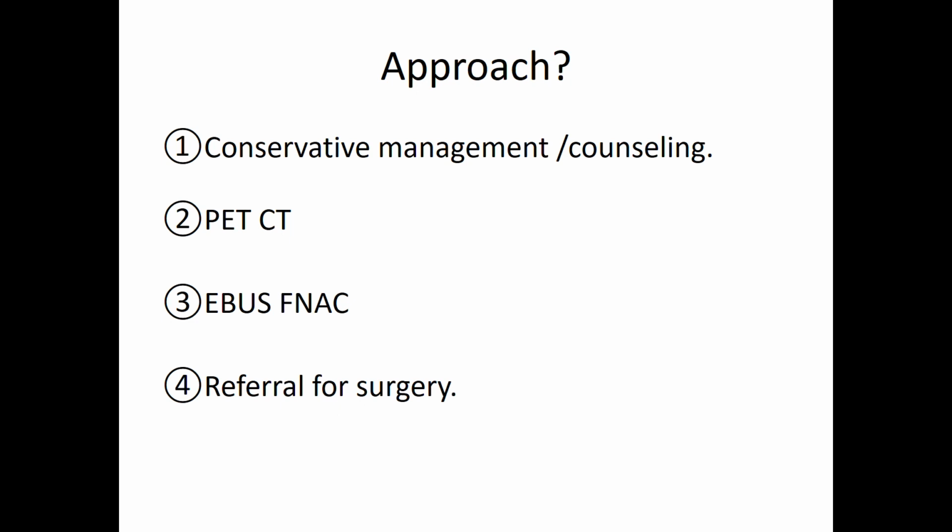First, we will leave it just like this, we will counsel the patient, and as we all know, for the visa purpose you need to give the fitness. Second, I will go for the PET CT scan. Third, I will go for an EBUS guided TBNA, and fourth, I will straight away refer to the CTVS surgeon. So, your polls please.